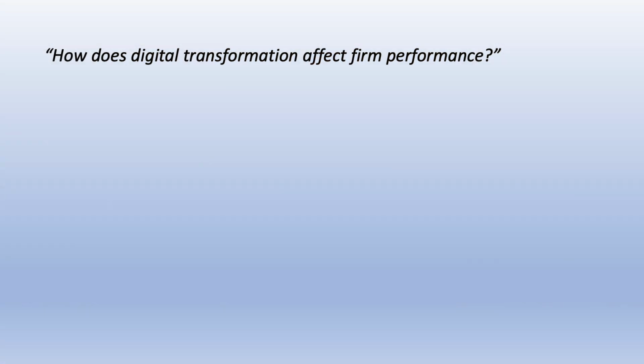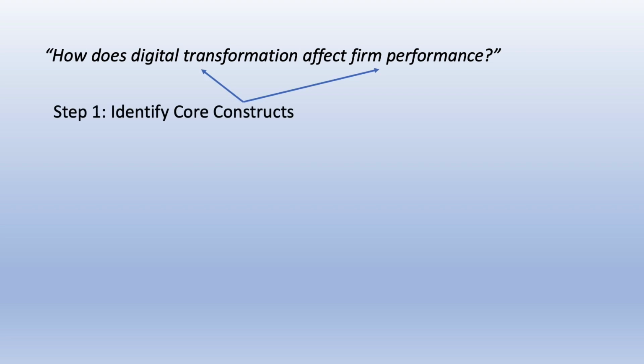Let us now follow a systematic framework. Consider this research question. How does digital transformation affect firm performance? The first step is to identify the core constructs. Here, they are digital transformation and firm performance.